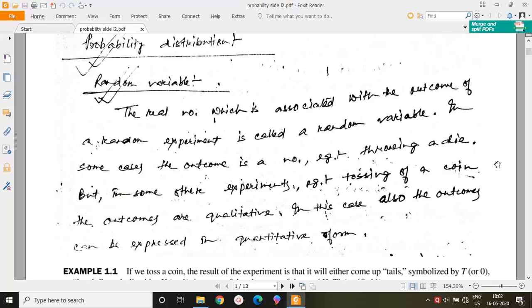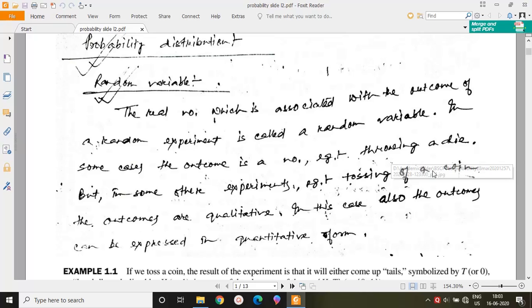You can easily see that whenever you perform a random experiment, the result which is associated with the outcome of the random experiment, that result is known as random variable. And there are two distinct cases of random experiments.